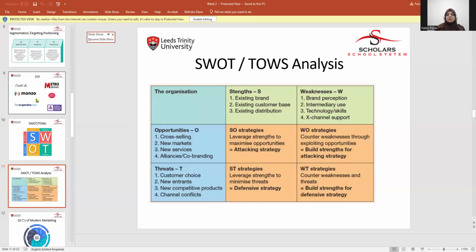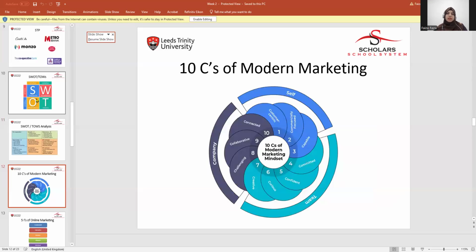And the strength and threat strategies leverage strengths to minimize threats, which is a defensive strategy, and building strengths for a defensive strategy works with weaknesses and threats together.